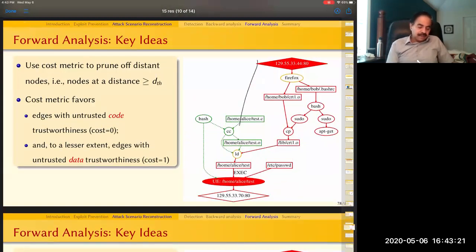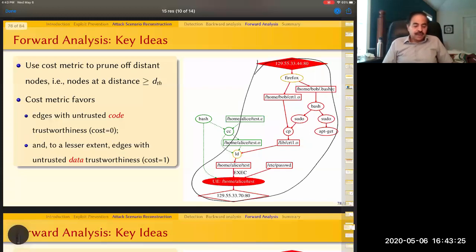You can see there are red arrows that show events that have a dependency on this untrusted website, and then there are green arrows which have no such dependency.